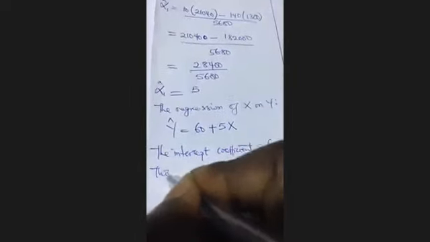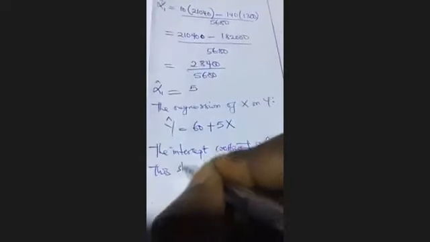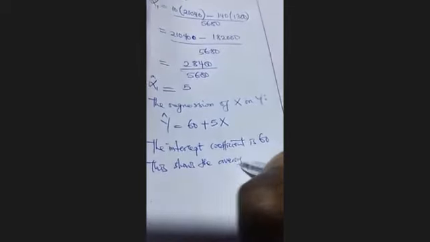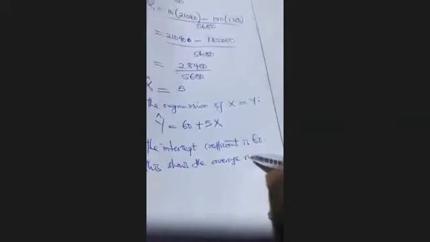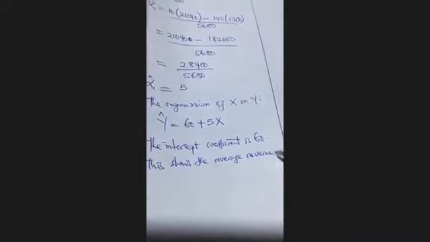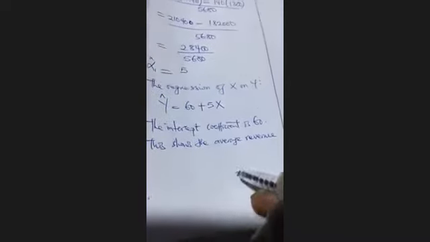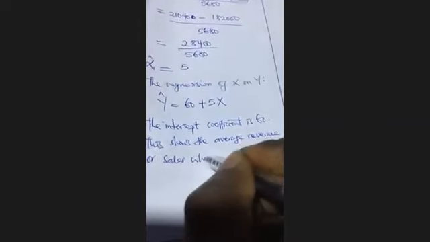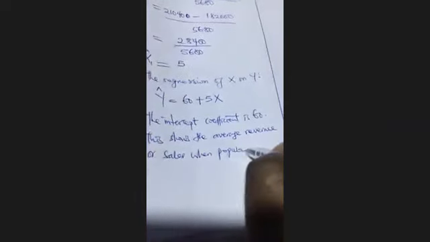This shows the average revenue or sales when population is 0, or when there are no students on campus.